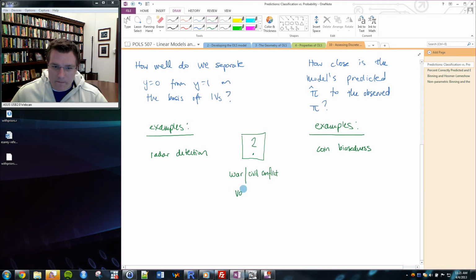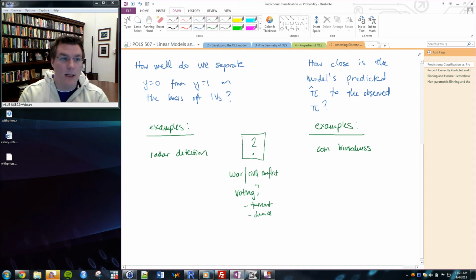What about voting? You can think about both the turnout decision and the choice decision. Could we, if we knew enough about a person, know for sure whether they would turn out to vote and who they would vote for?